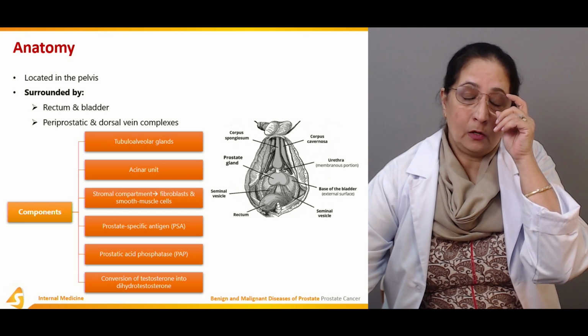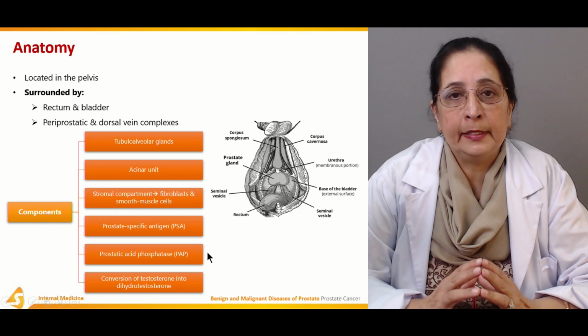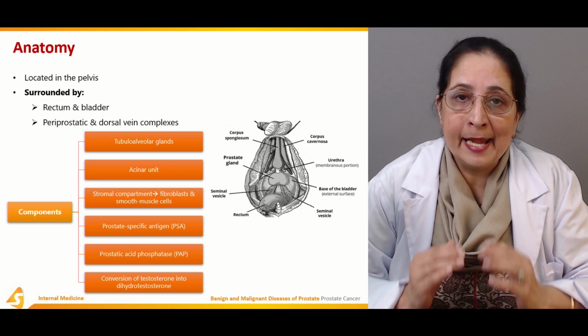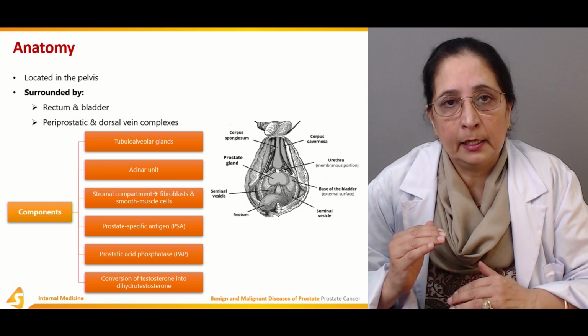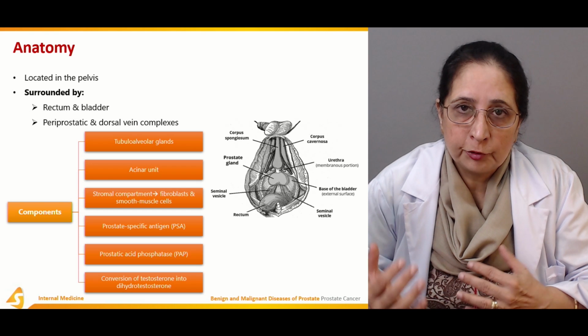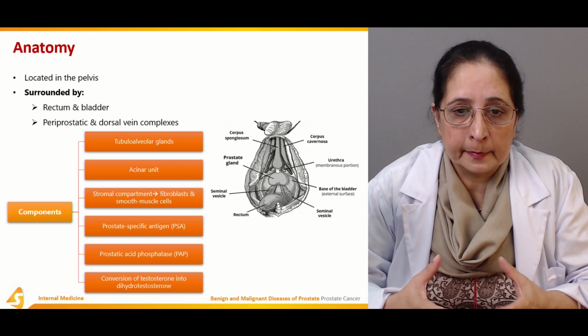dihydrotestosterone. So these are all the components of the prostate, the tubuloalveolar glands, which produce the secretion that helps in the transfer of the sperms.